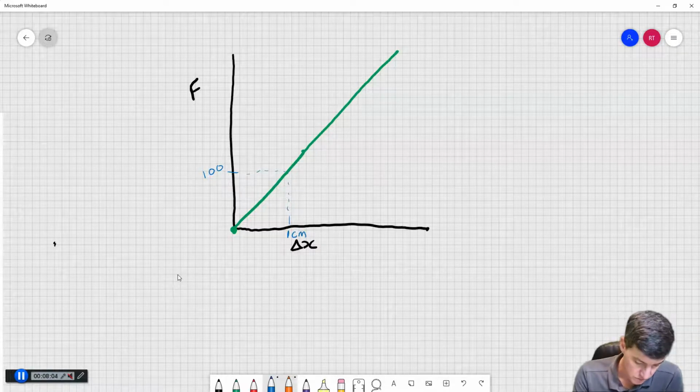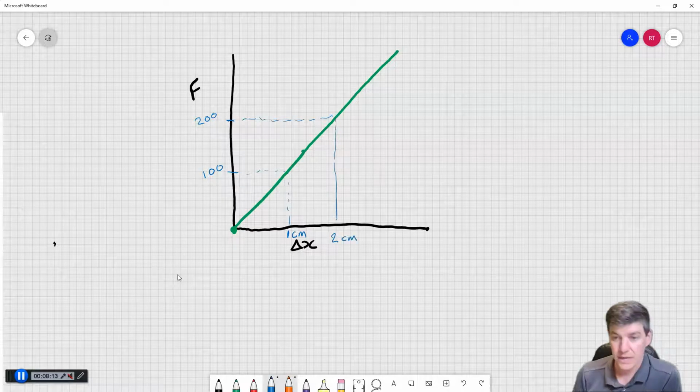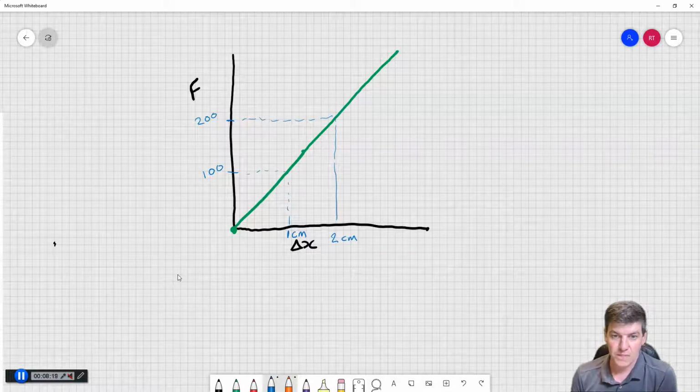If I added 200 newtons of force, the linear relationship means that now it has stretched 2 centimeters, and so on and so on. So it's very predictable how much stretch I'm going to have based on a given force that's added.